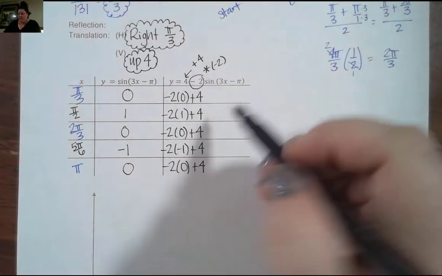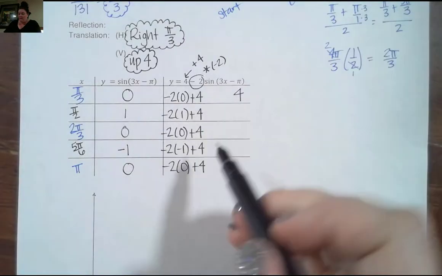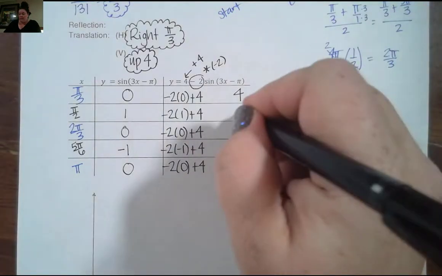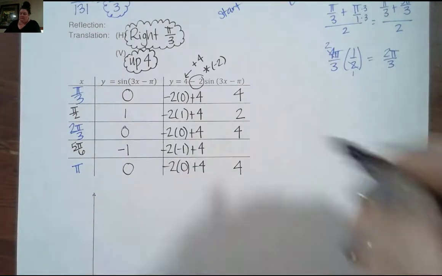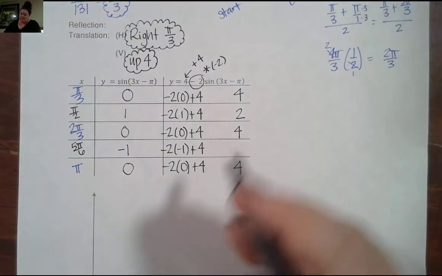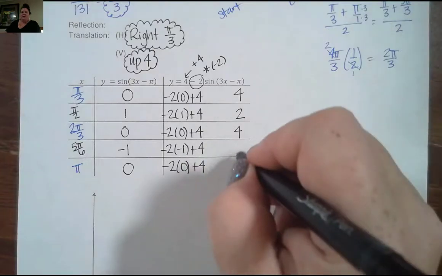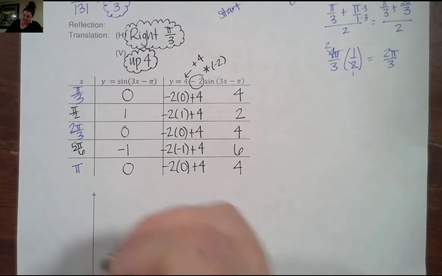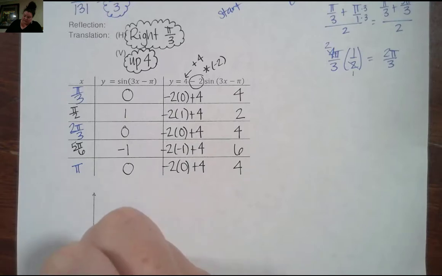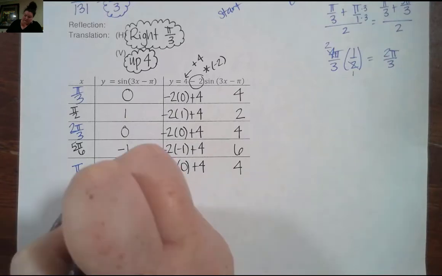So on the first one we should get 4. This gives us what? -2, so +2. This should give us 4. This should give us 4. And then our last one, that gives us 6, right? All right, so we have our new y values. So I'm going to go ahead and just count by 2's on here. 2, 4, 6.